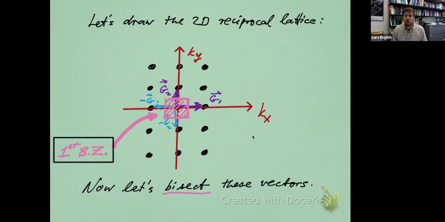Take a moment to think about how this would work in 3 dimensions. Okay, what would it mean to bisect a vector in 3 dimensions? What you should see is that now we're going to be using a whole plane that bisects the vector in a perpendicular fashion. The perpendicular bisector would then be a plane.